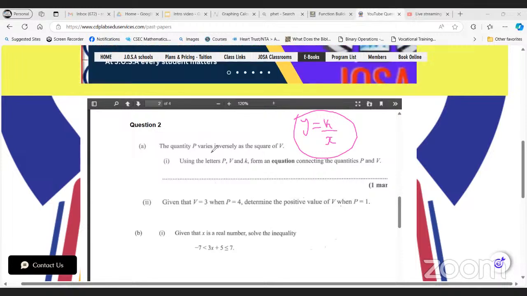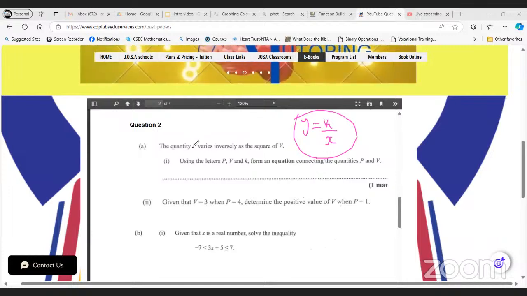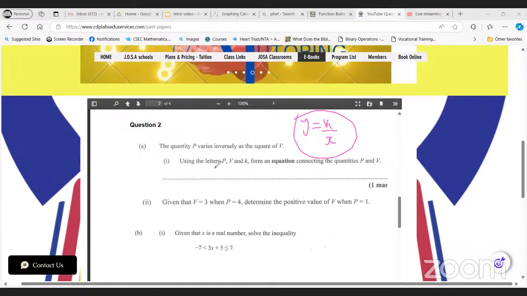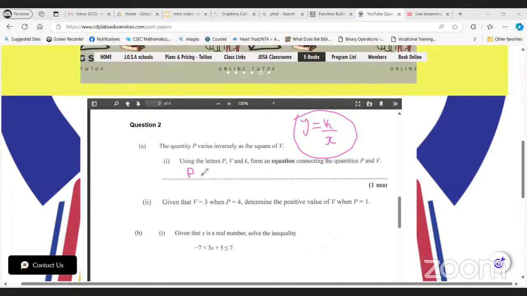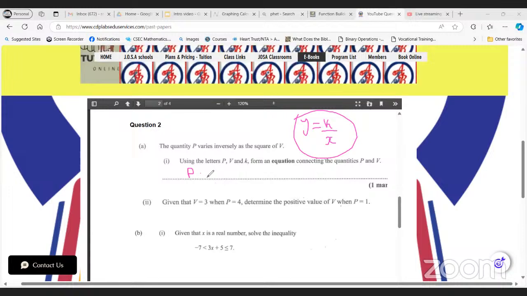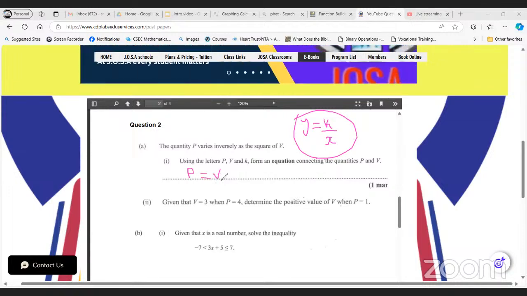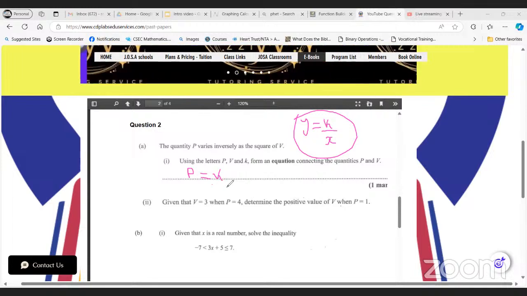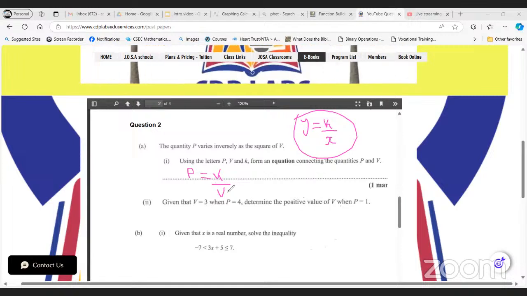Now the quantity P varies inversely as the square of V. So if the square of V changes, it will affect what? P. Therefore, P would be Y, or the dependent variable, K as our constant, and V being, I will put V square rather.